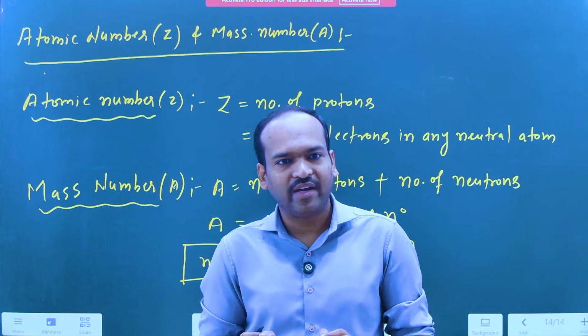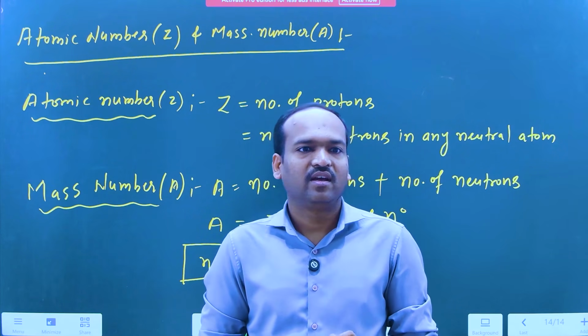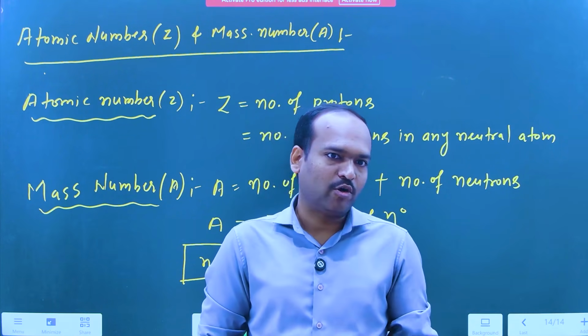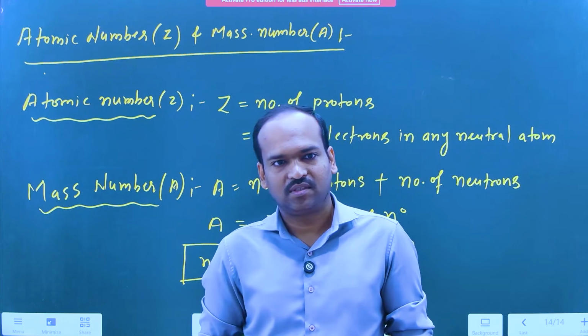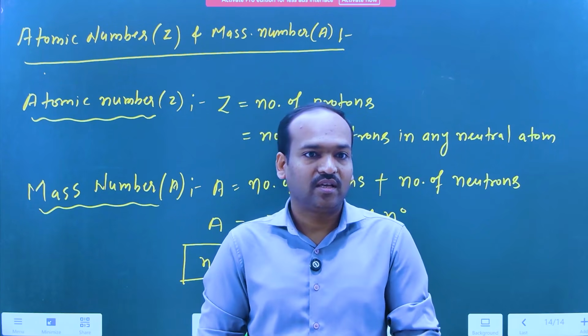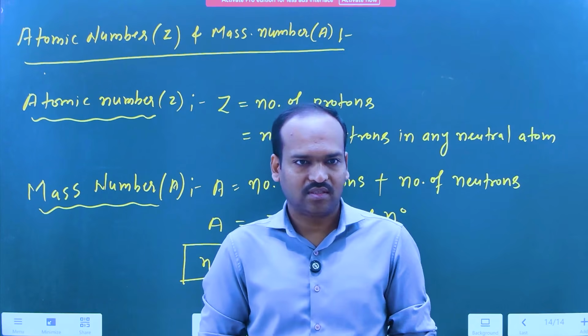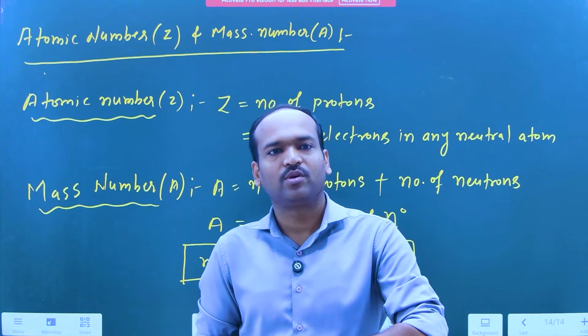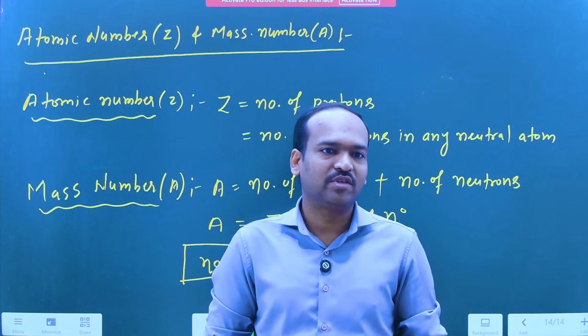What is the main difference between atomic mass and mass number? Mass number is the number of protons and number of neutrons. It is a number.